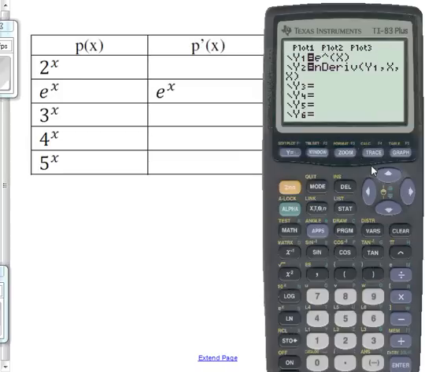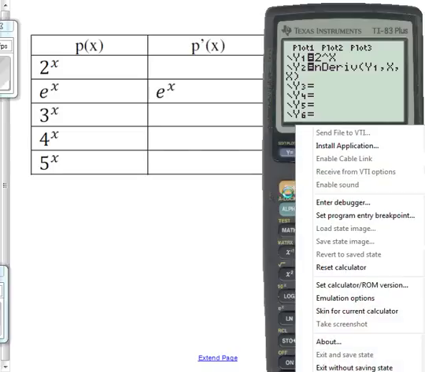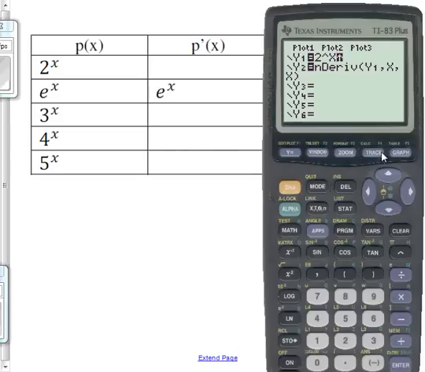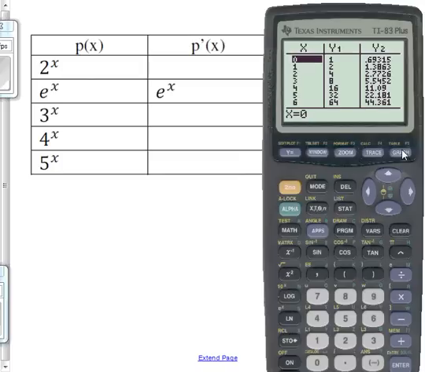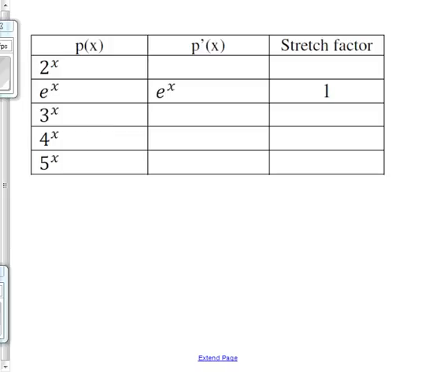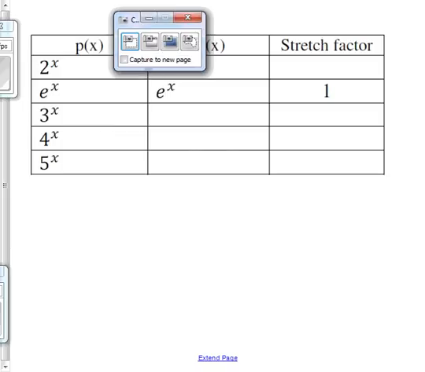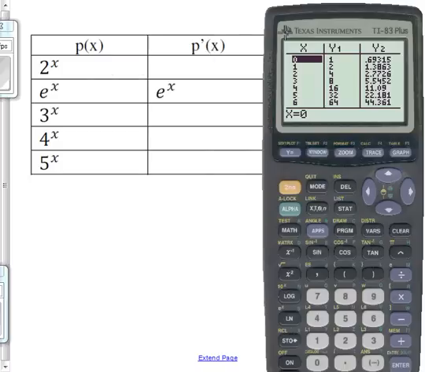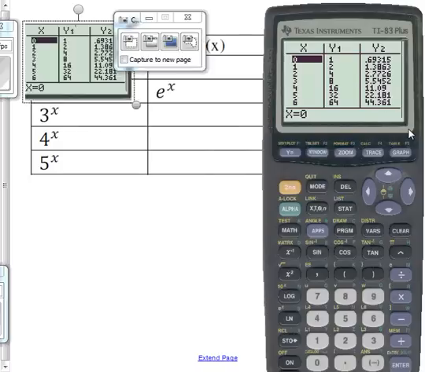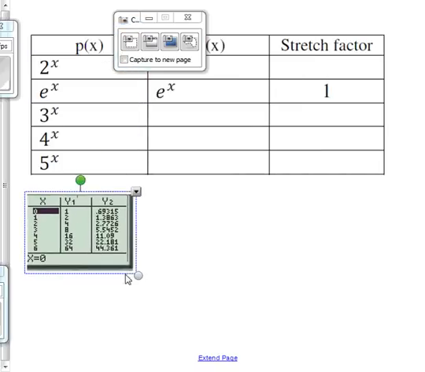For y equals, instead of e to the x, let's put in 2 raised to the x power. Oh, shoot. Now let's go to the table, and let's snap a picture of this. Okay, so these are the values of 2 to the x and its derivative.